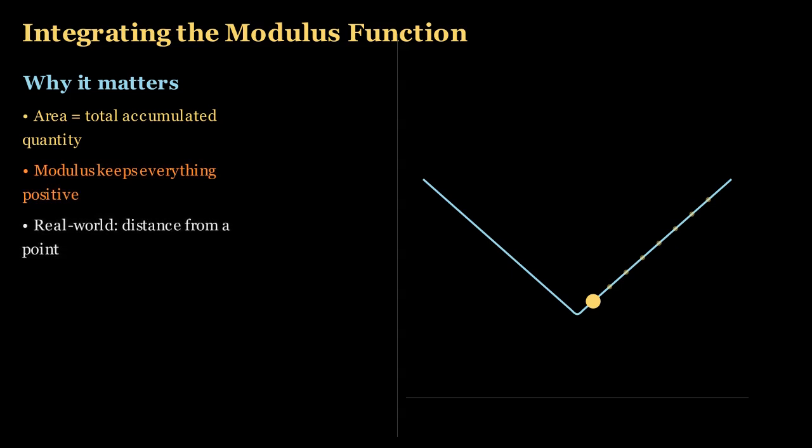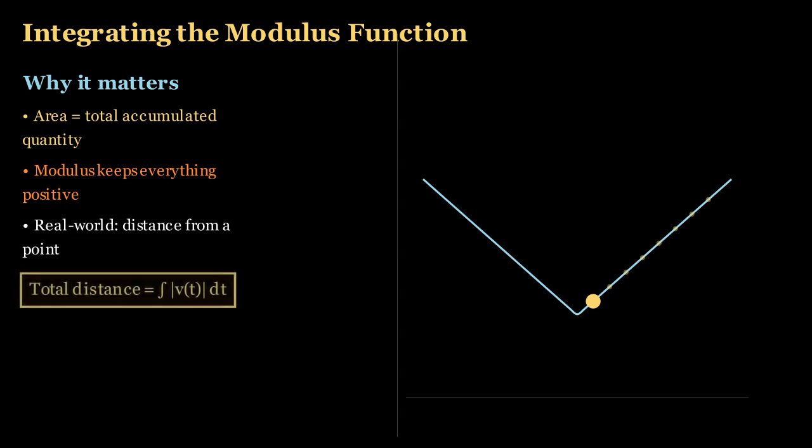The modulus function captures exactly that. It flips negative parts up to positive, so the area under its graph gives you the total distance, not the net change. So integrating the modulus answers questions like how much ground did I cover in total, regardless of direction. That is why we need a method to handle it.